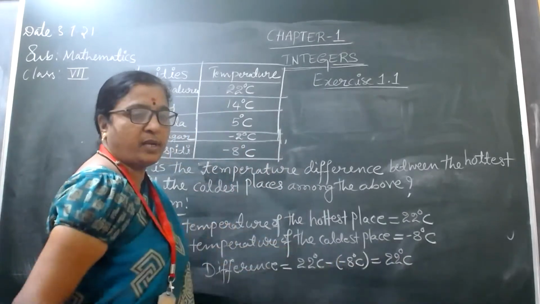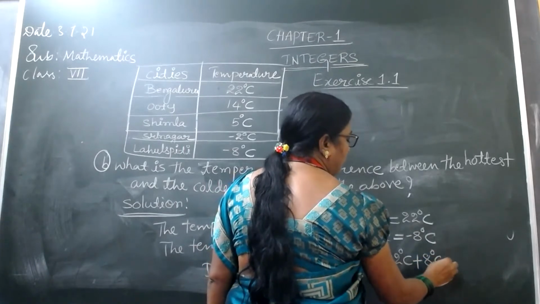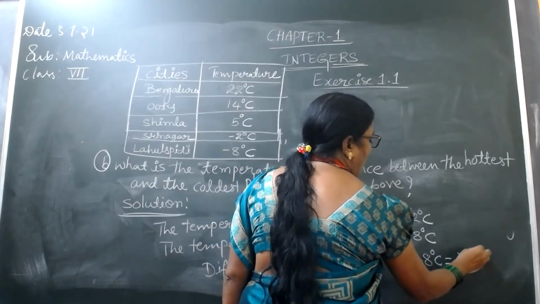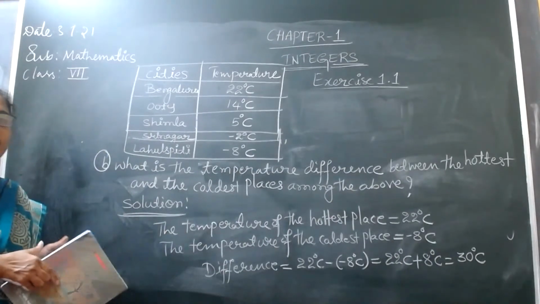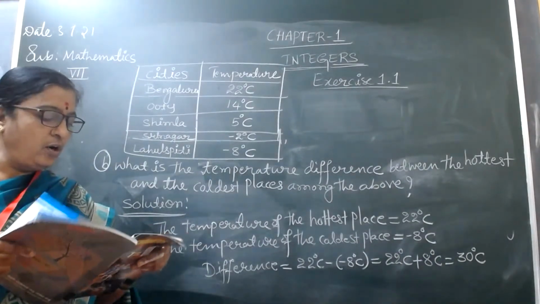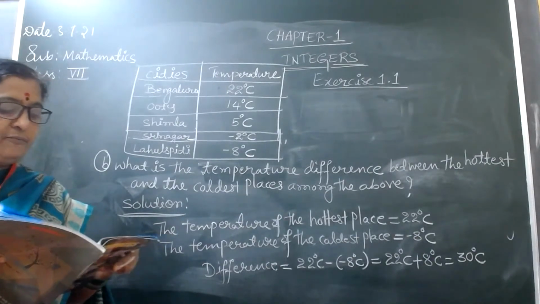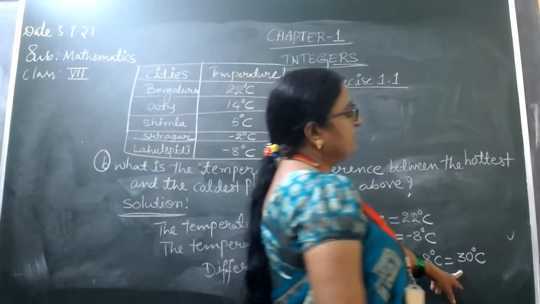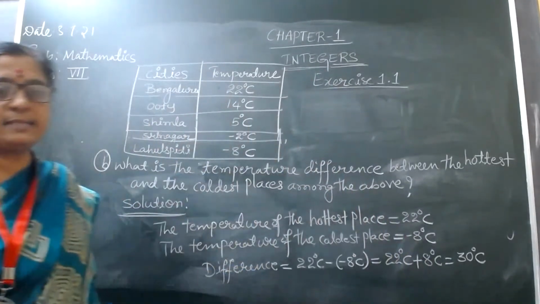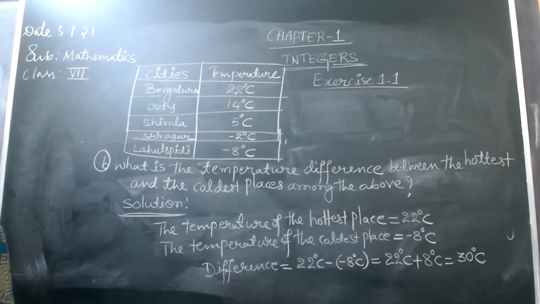Minus into minus is plus. 22 plus 8, 30 degrees Celsius. This is the solution for question B. The difference between the hottest and coldest places is how much? 30 degrees Celsius.